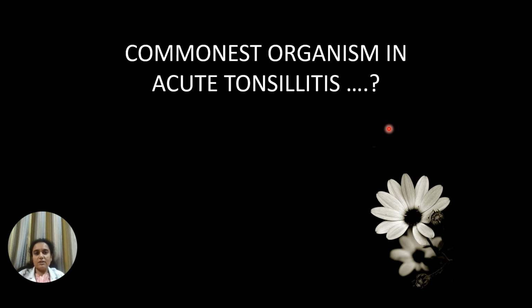These lymphoid follicles have germinal centers in which the B cells form plasma cells, and these plasma cells produce antibodies. This is how immunity is produced.